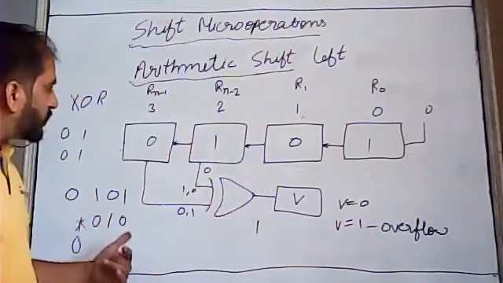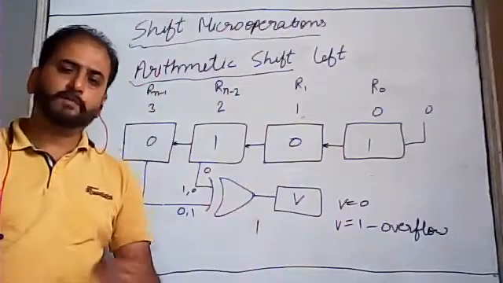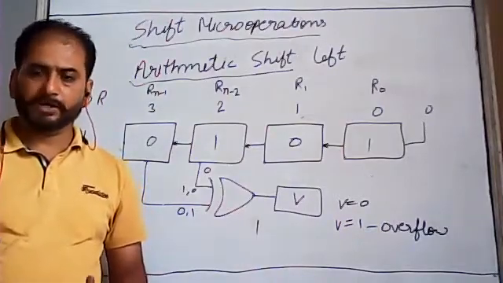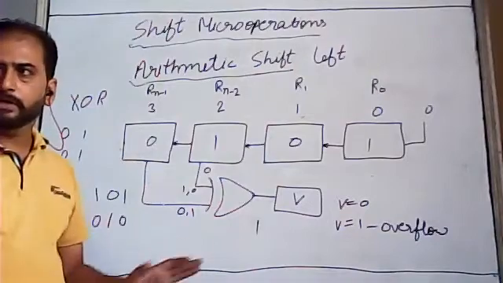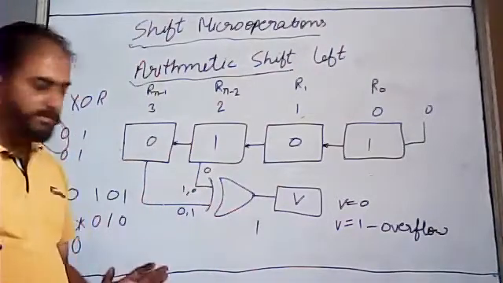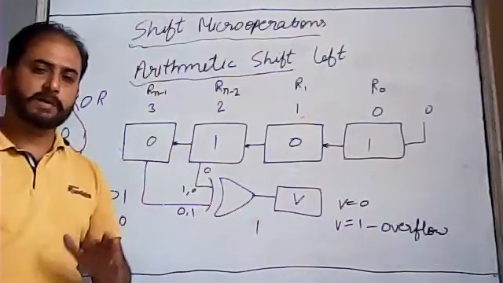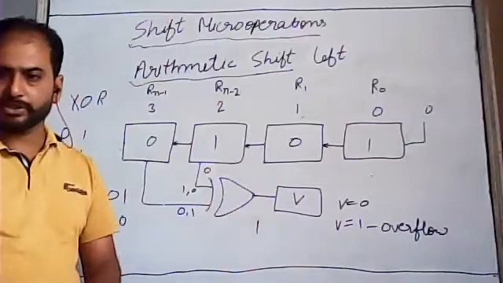Because, as I told you, if the number is positive, it should also be positive after performing the left operation. If it is negative, it should be negative after performing the operation. So the sign should be the same before and after the operation.